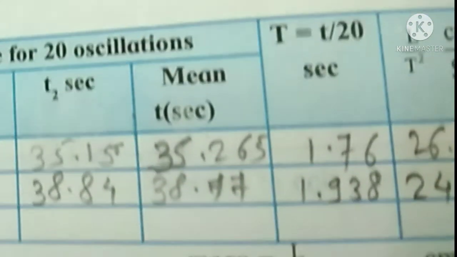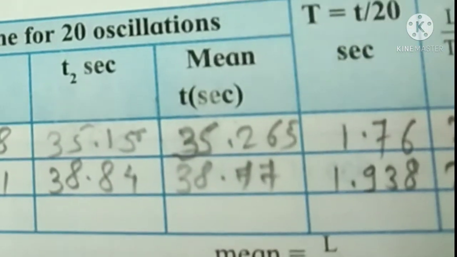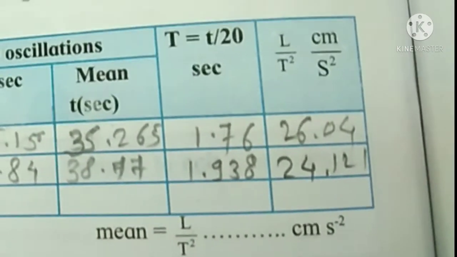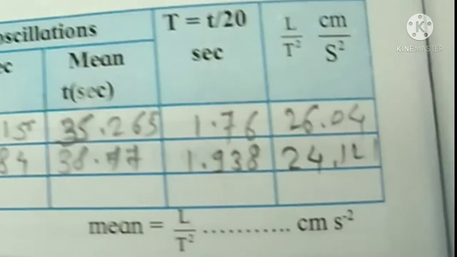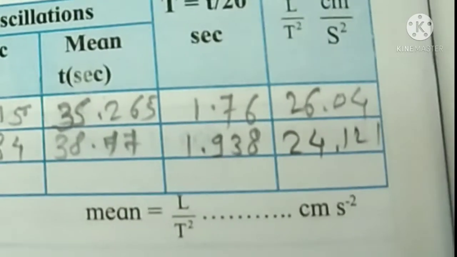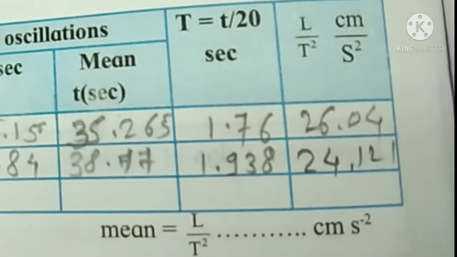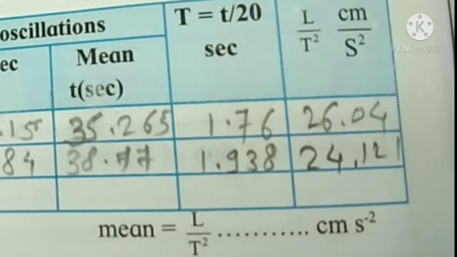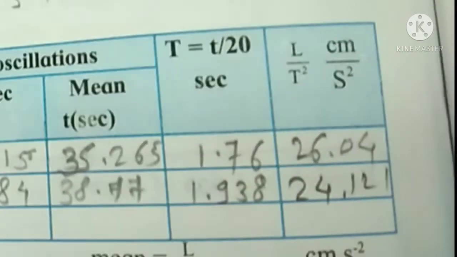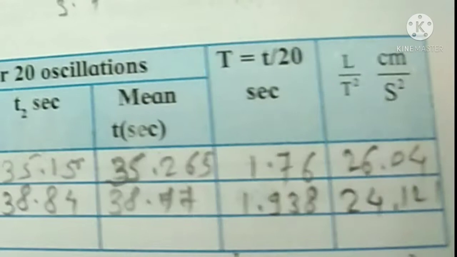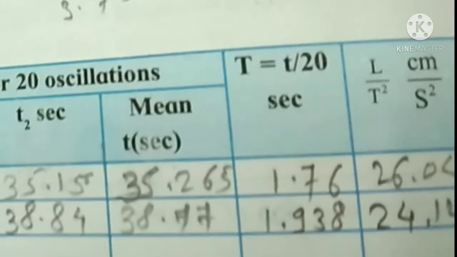And again, if you take the ratio of L upon T square, that is 90.65 upon the square of 1.938, then that ratio is 24.121. Right? So this is about the second observation.